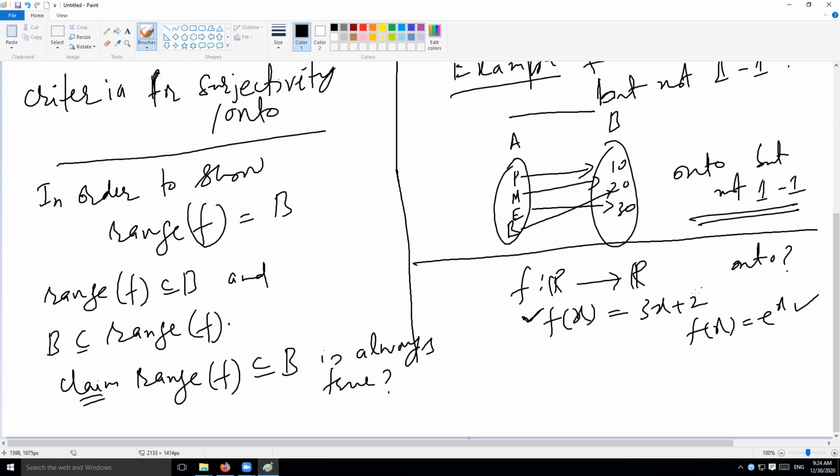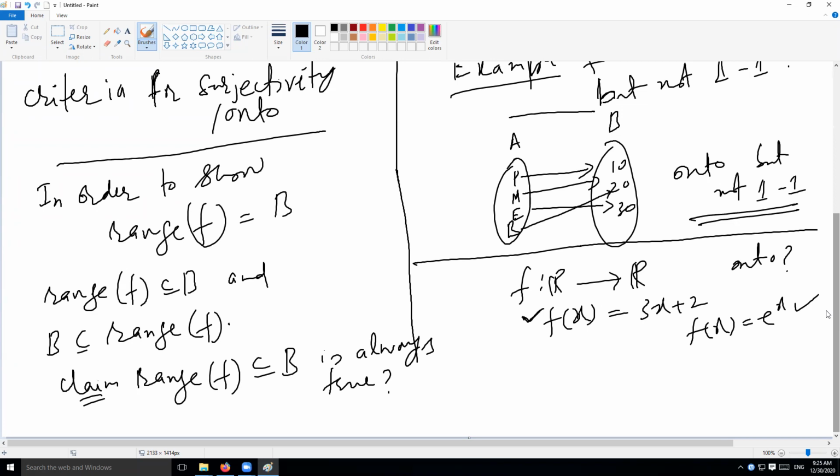Can you justify why this is always true? Why is range always a subset of the codomain? Because all elements of A must be matched to B. Because, yes, if it's onto.